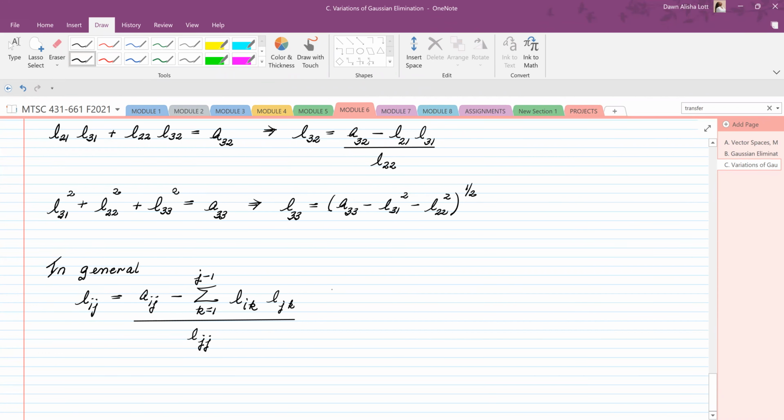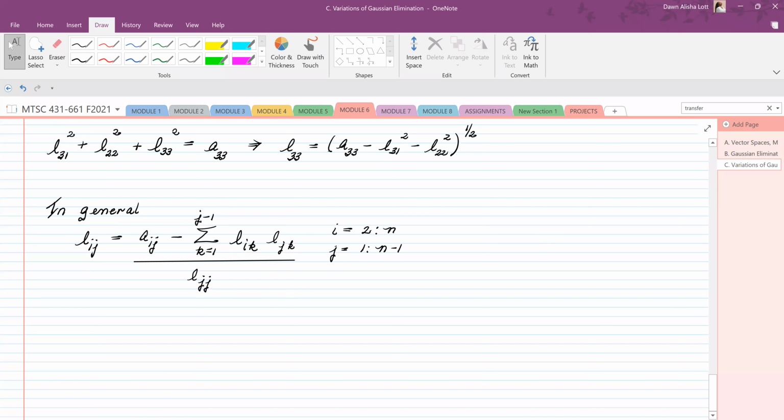This is for i equal to 2 to n, and j equal to 1 to n minus 1.